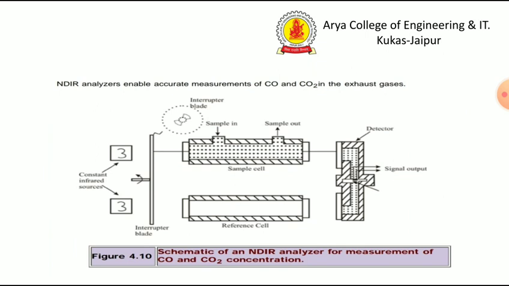This is the schematic of an NDIR analyzer for measurement of CO and CO2 concentration, in which the absorption of infrared rays radiations is measured only in a narrow range of wavelength, which has specifically a high absorbance for the particular gas.